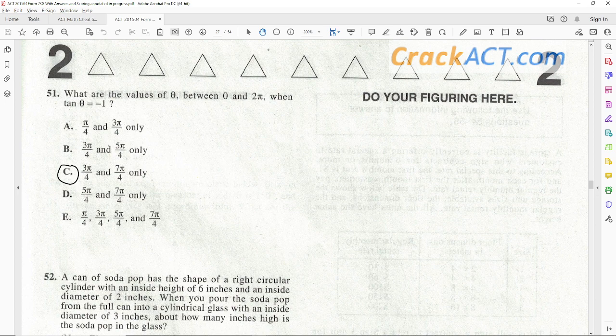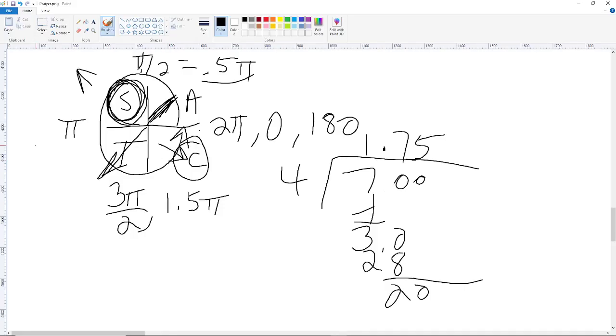You could also just plug this into your calculator. Put it in radian mode and do tangent of pi over 4, tangent of 3 pi over 4, and see what the answers come out to. But you don't even have to do that if you memorize the unit circle. And if you don't get it 100%, it could be clear as mud.